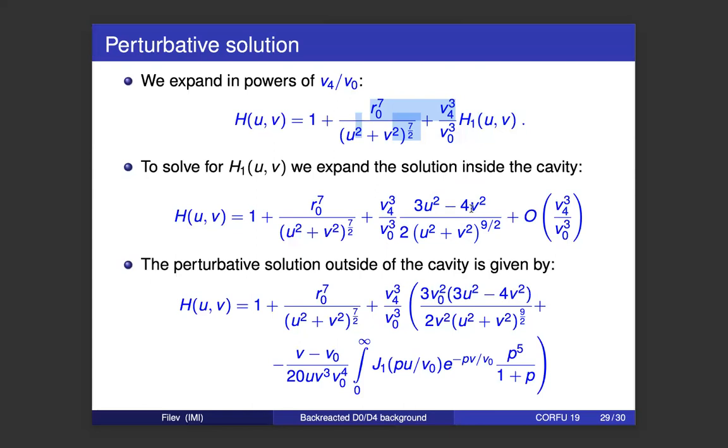Because you know the solution in the infrared modulo a constant, you shoot from the cavity, and then you find your solution by imposing regularity, by imposing this asymptotics.